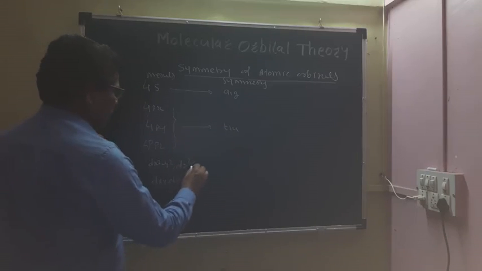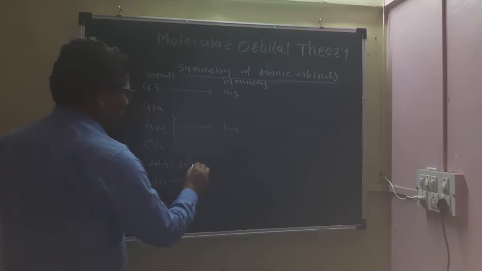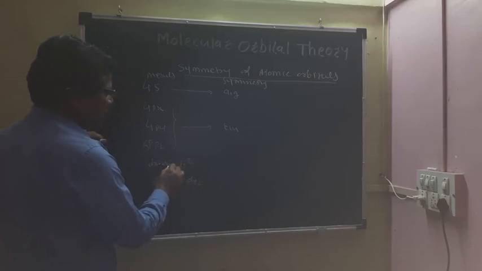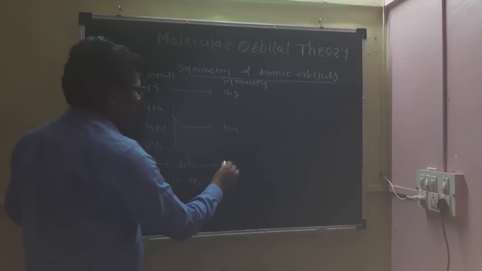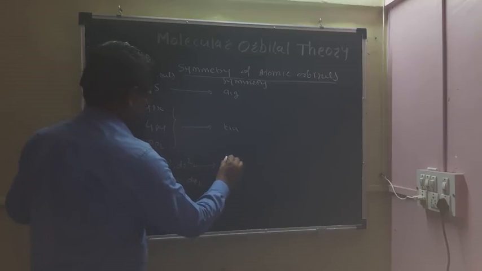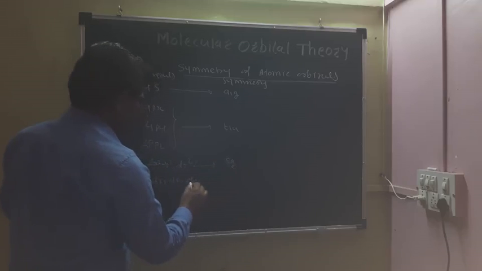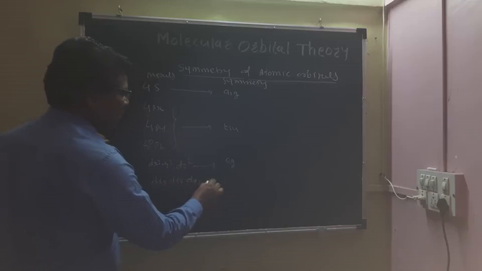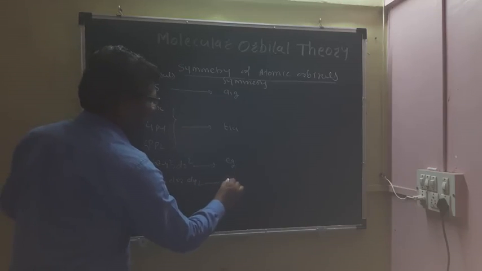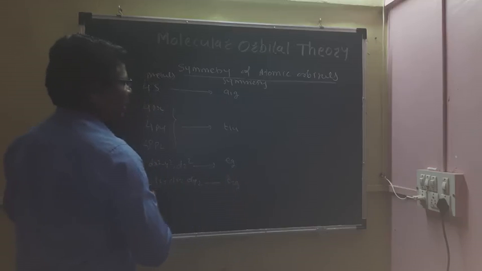The dx²-y² and dz² orbitals are known as the Eg orbitals, and the dxy, dxz and dyz orbitals are known as the T2g orbitals.